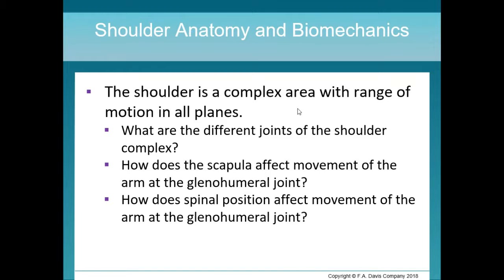Then you have your infraspinatus, which aids in external rotation and helps with shoulder stability. Then your teres minor, which is responsible for external rotation, and then your subscapularis, which is responsible for internal rotation.